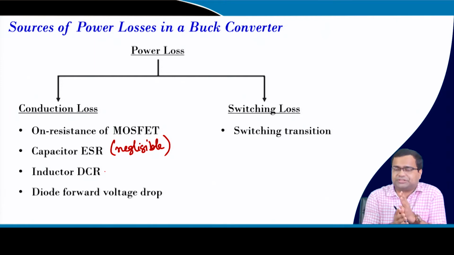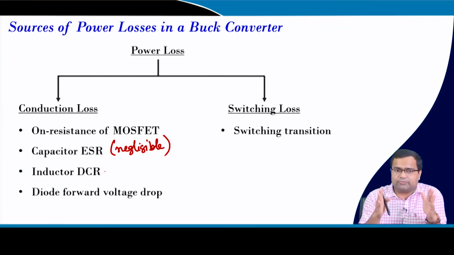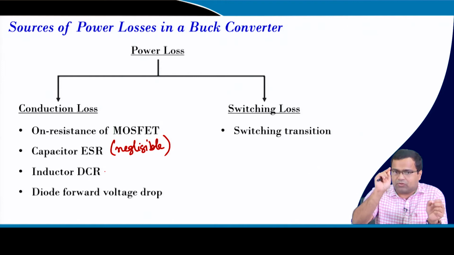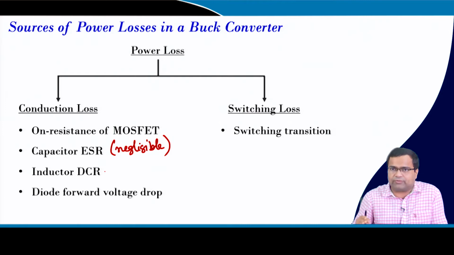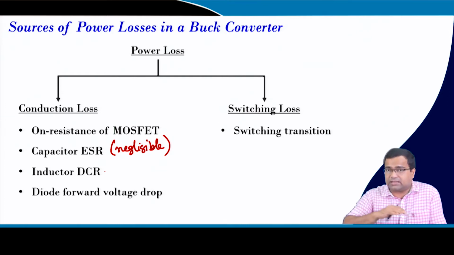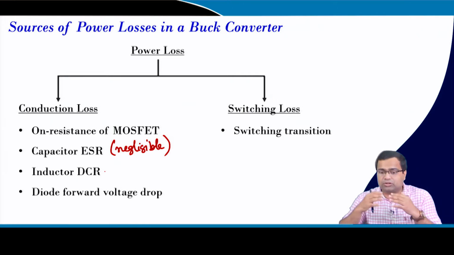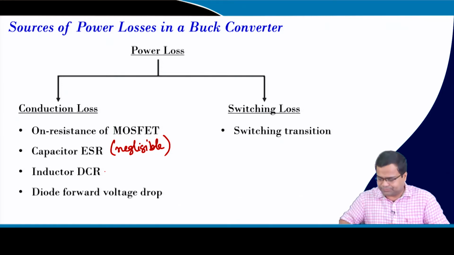But when you turn off the switch, the drain to source voltage will slowly rise and reach the voltage which is applied across the two terminals, and the current will slowly go from its full value to 0. In this slew up and slew down process, there will be overlap between non-zero current and voltage, which will lead to switching loss. If you have faster rise time and fall time switches, then you can reduce the switching loss.